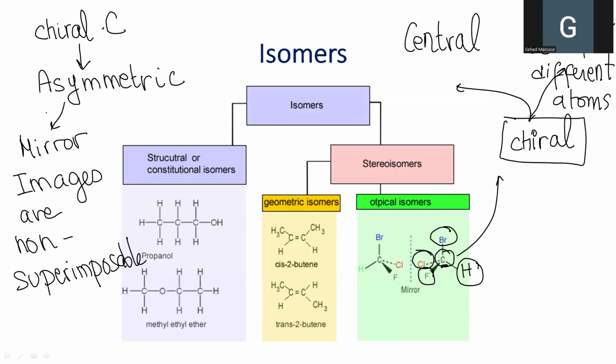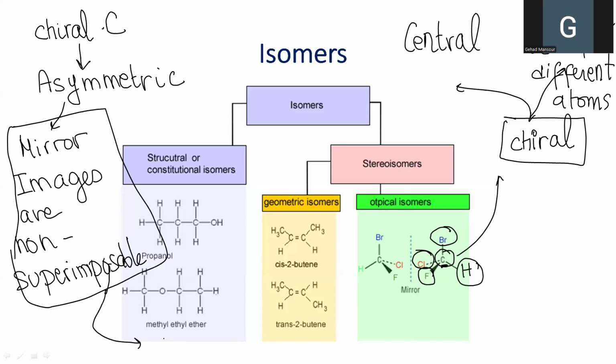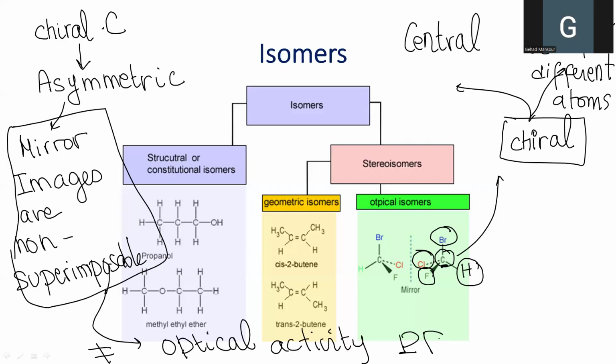What would be the importance of saying that they are non-superimposable if they are not strongly bonded to each other? The importance of saying that the mirror images are non-superimposable is that this is an indication of optical difference, or difference in optical activity concerning plane polarized light.